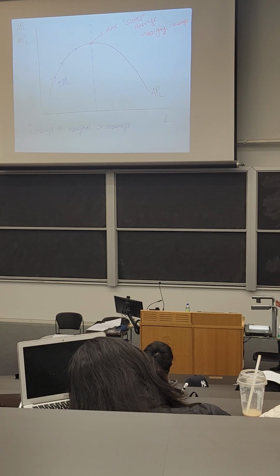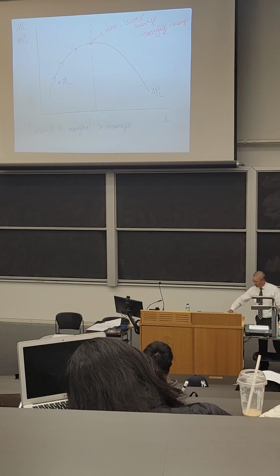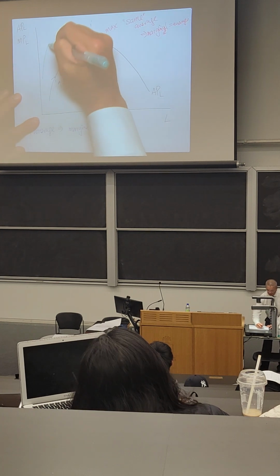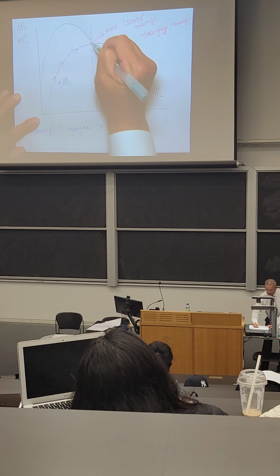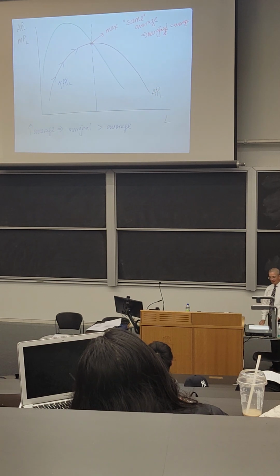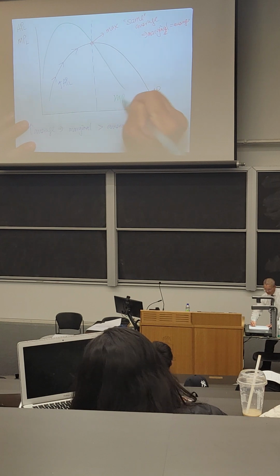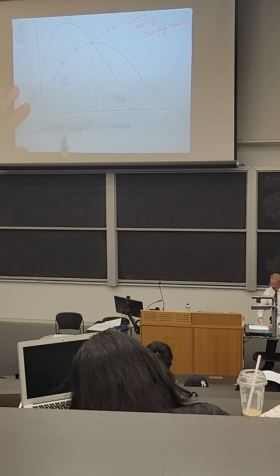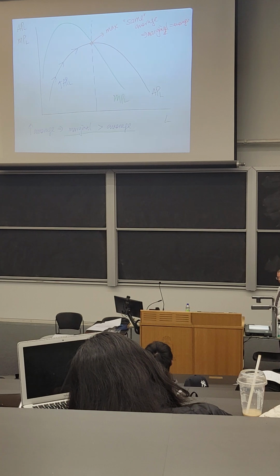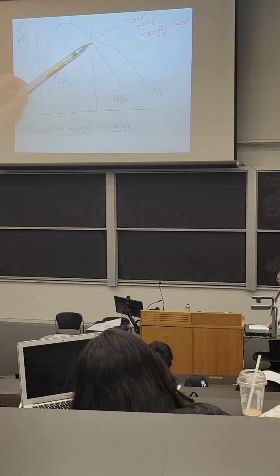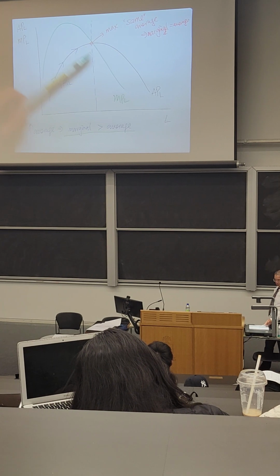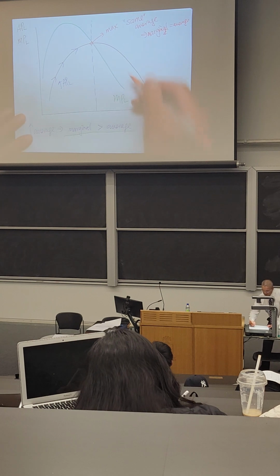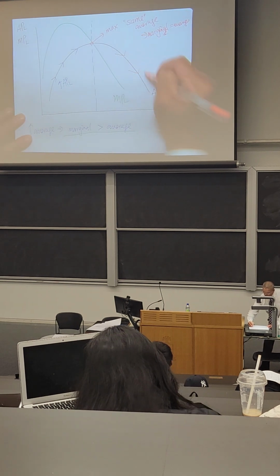Now, based on these two arguments, we know the marginal product of labor will look like this. On the left-hand side, marginal greater than average. That's why the average is rising. And it will go through the maximum point in here, because at the maximum, average is not changing. And to the right, obviously, now we have falling average.